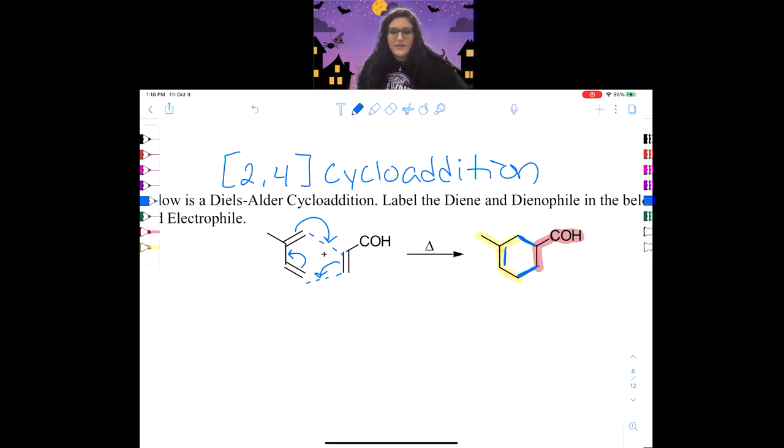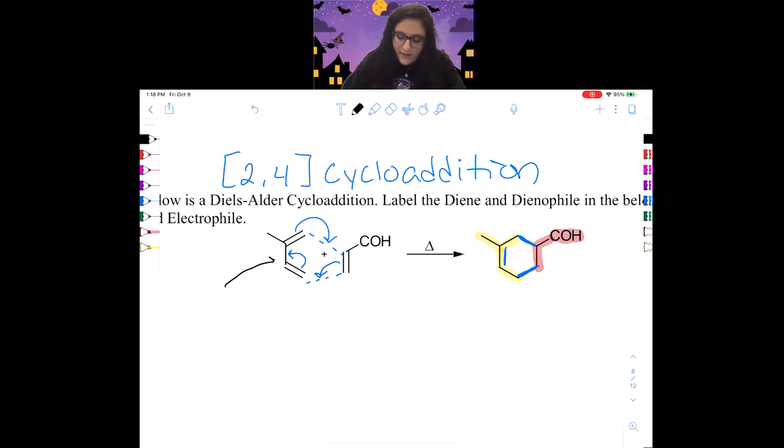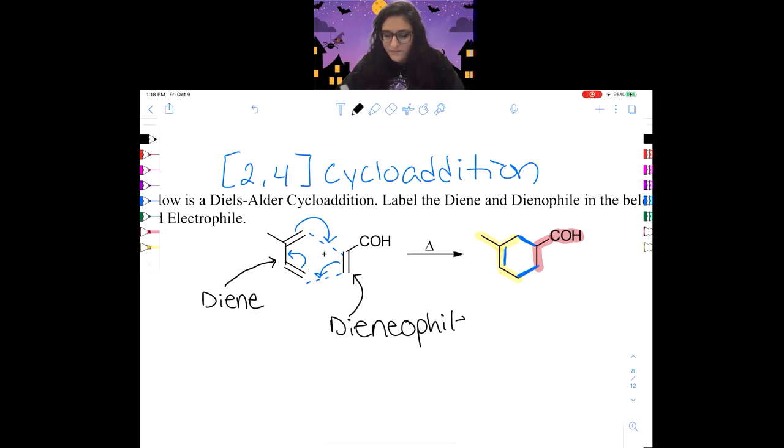But essentially now we are going to give these things names. So all the pieces of this puzzle are going to have names. We already know that this is the diene because that's just what it is. And we're going to call the other reactant a dienophile.